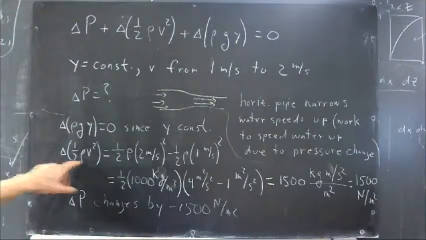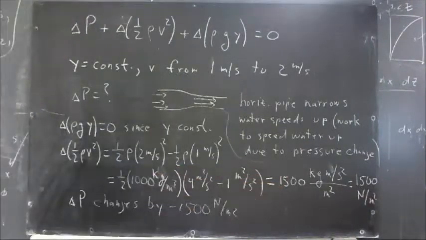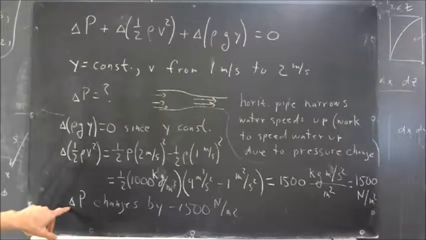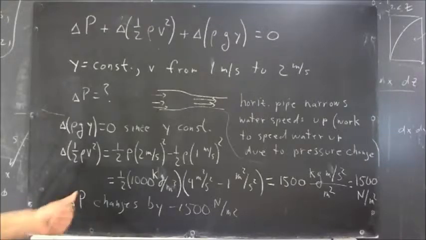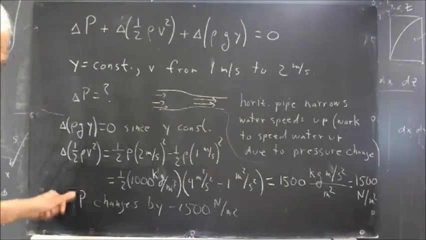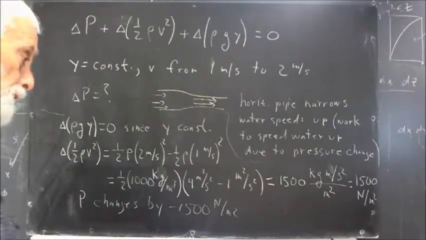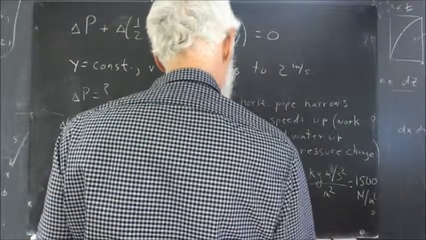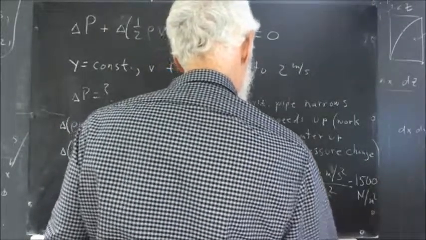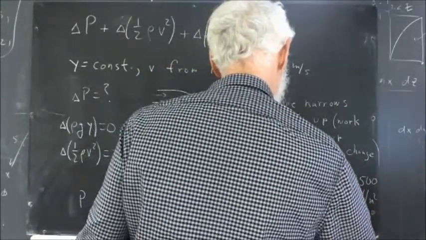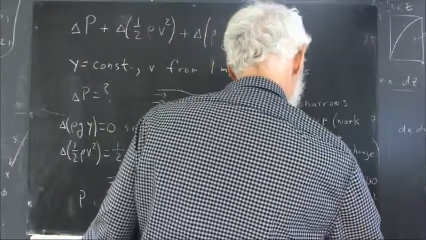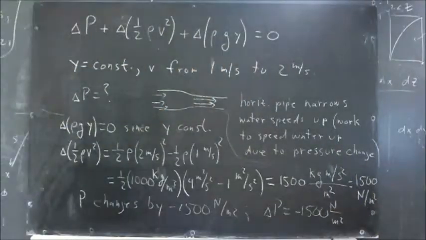So this quantity goes up by 1,500 pascals, or 1,500 newtons per meter squared, and so P changes by negative 1,500 newtons per meter squared, or delta P equals negative 1,500 newtons per meter squared.